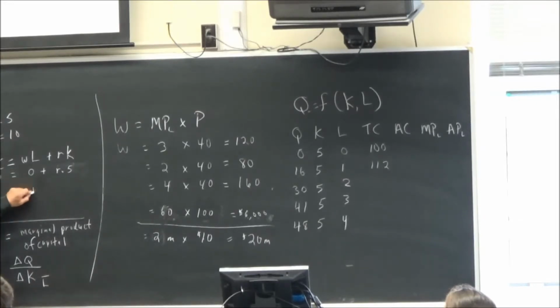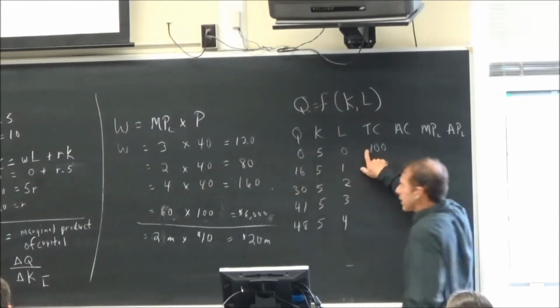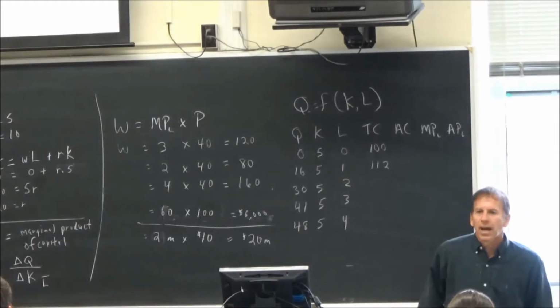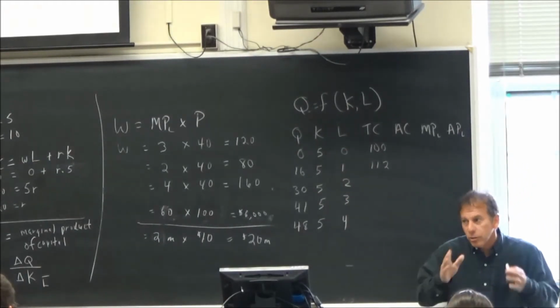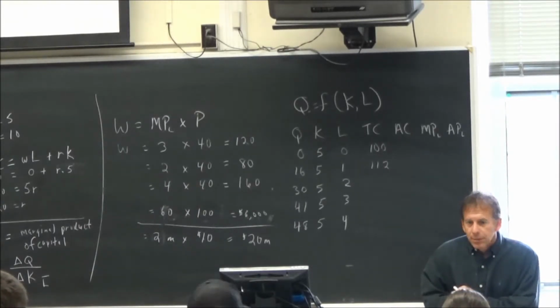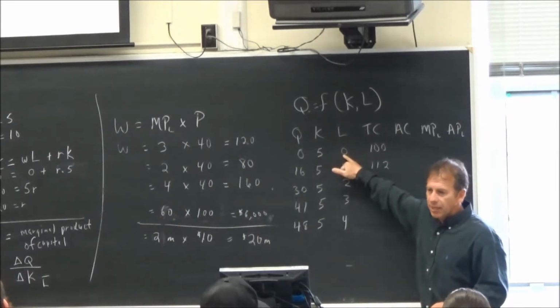So this would be 5R equals 100, so R equals 20. You can do it that way, or you can just look in your head and go, 100 divided by 5 is 20. So you can do it that way, that's easy. At the beginning, because we're not buying anything else at the beginning.